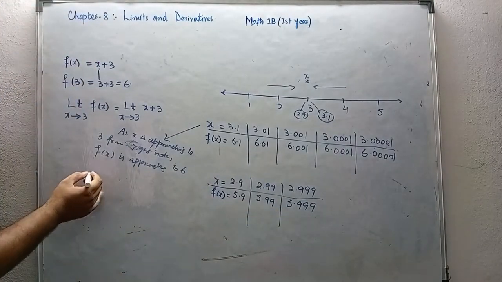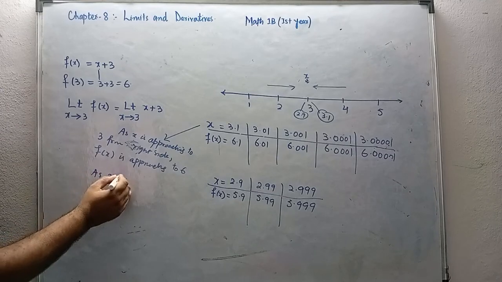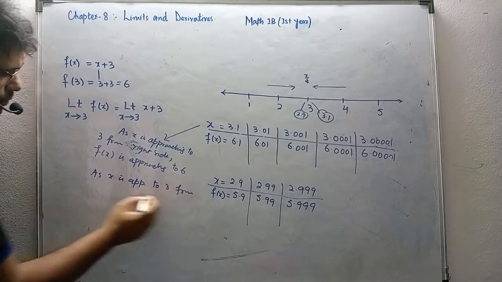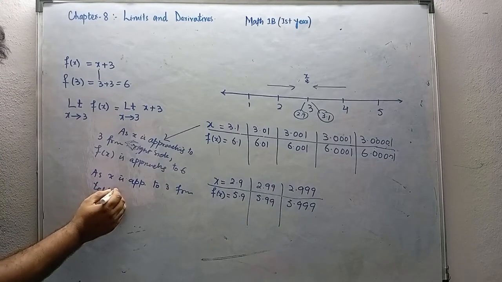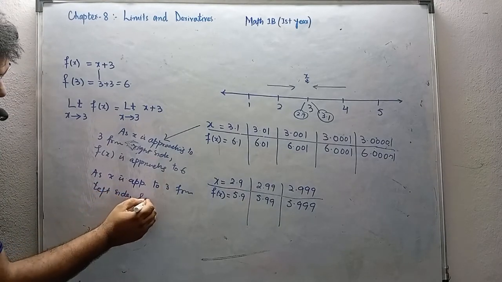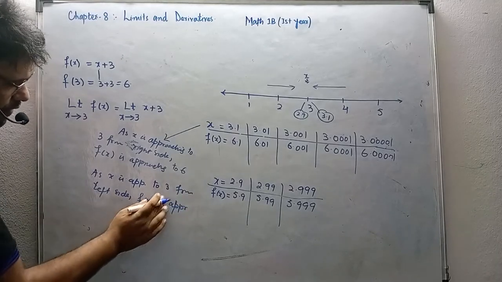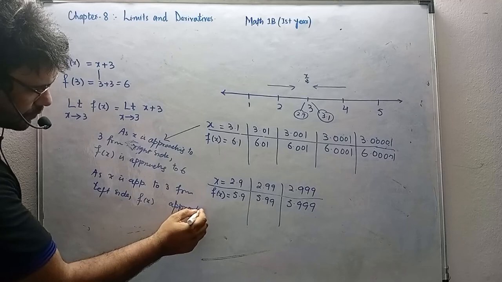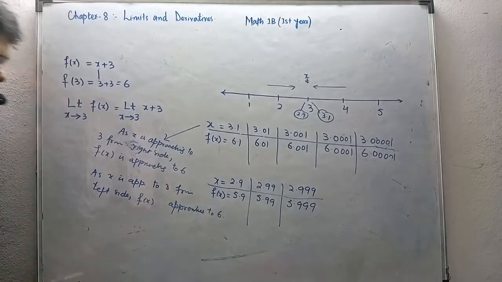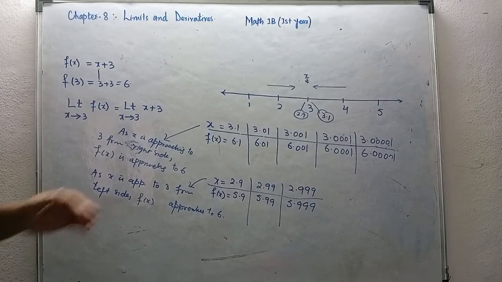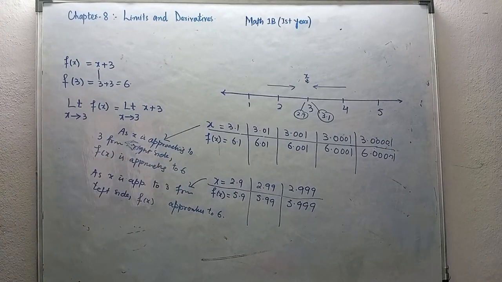So as x is approaching 3 from the left side, f(x) approaches 6. From this we realized and understood something. Understand this very clearly. What does it mean?